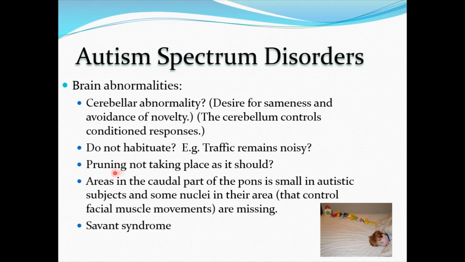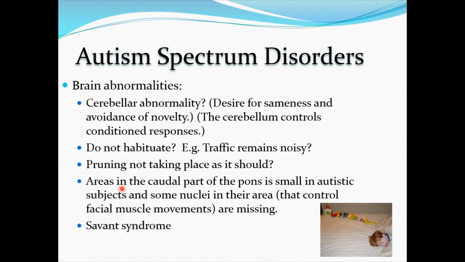It also seems that one of the associations with autism is that pruning doesn't take place as it should. You all know that when children are born, as we develop, a lot of connections are made. Pruning of those connections is very important. And it seems as if with autistic children, that pruning doesn't take place as it should.